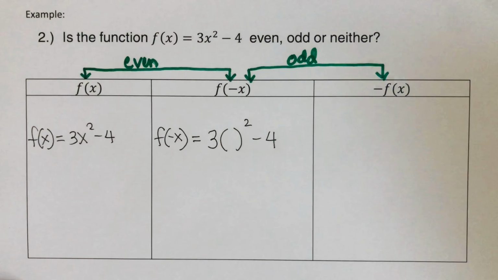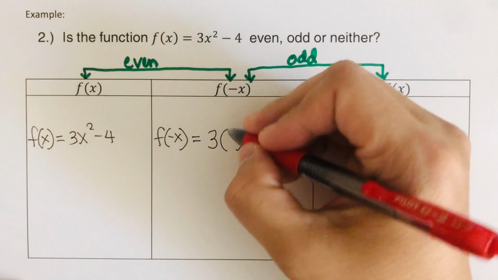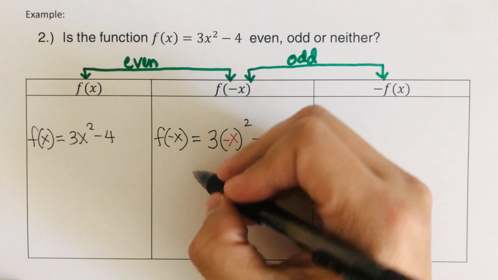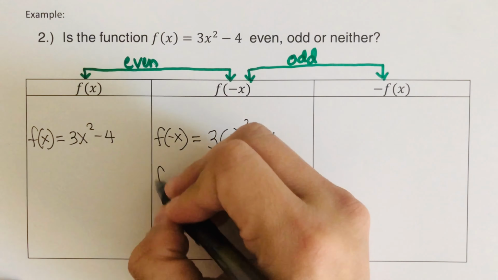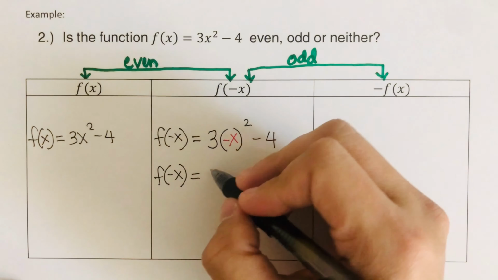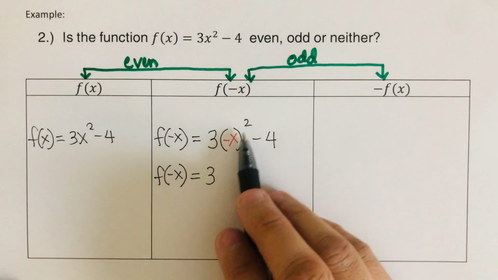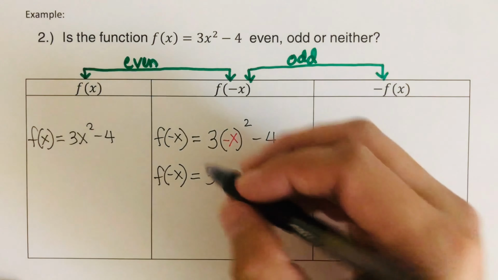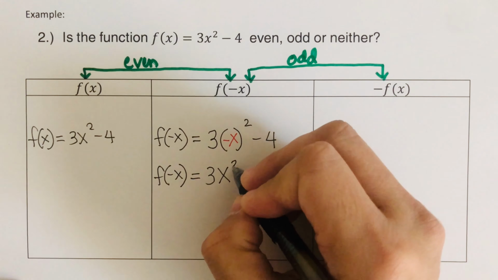Again, what to put inside the parentheses is the negative x. So I'm going to write negative x right there. Then I will simplify this. So this would be our f of negative x. So that would be 3 times negative x squared, which means negative x times negative x, which is a positive x squared.